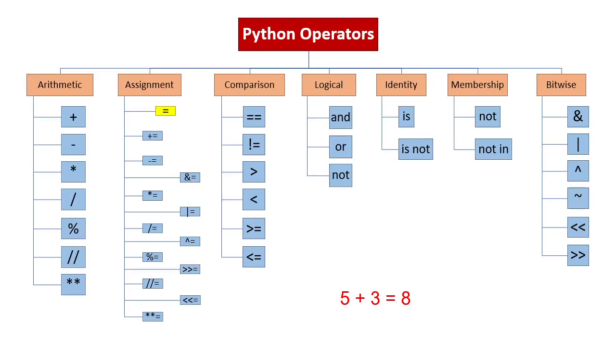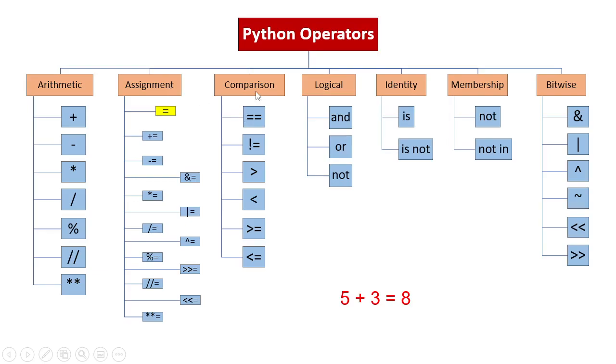Just like there are various data types in Python, and different types can do different things, there are also various operators in Python, and different operators can do different things. Python supports the following types of operators: arithmetic operators for simple addition, subtraction, multiplications, division, and other operations. Assignment operators.